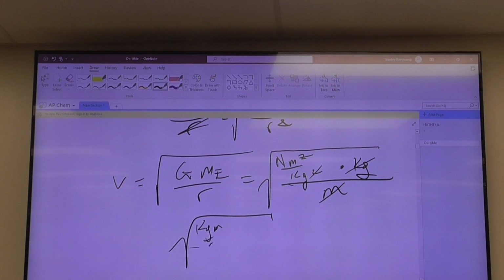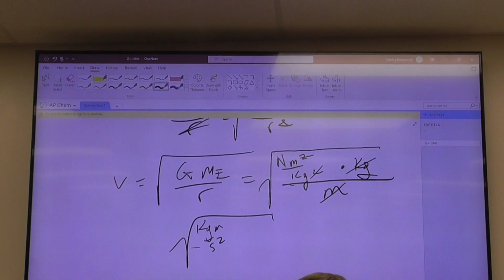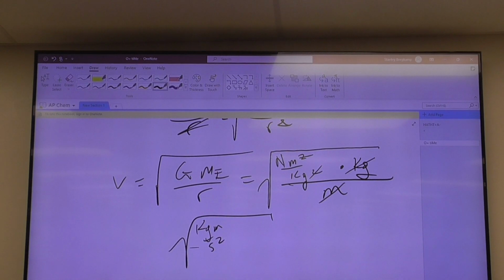Kilograms meters per second squared. So I just substituted that in for newtons. That's all I did.